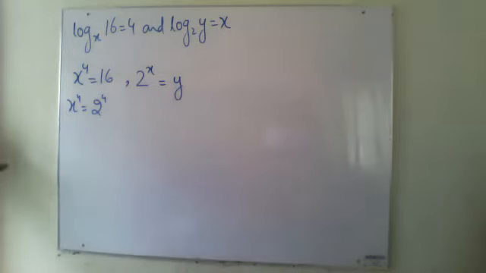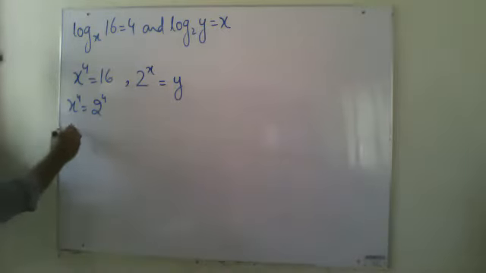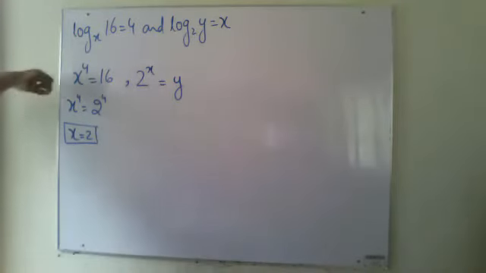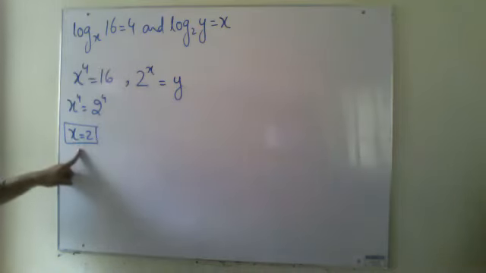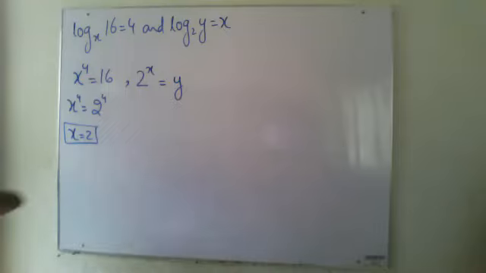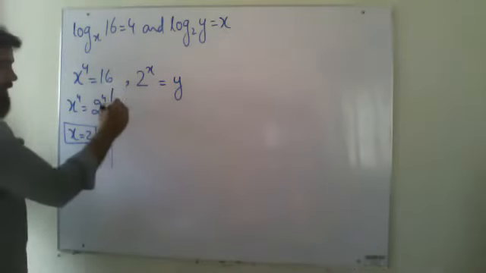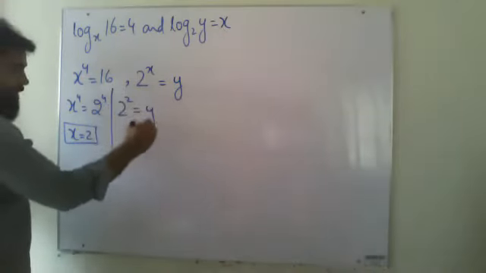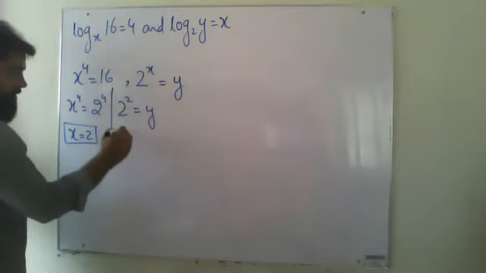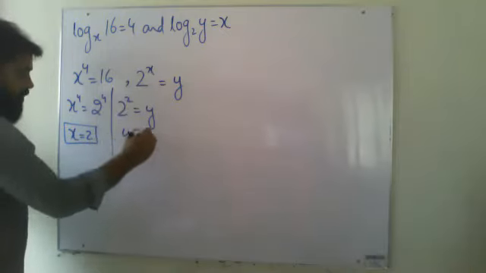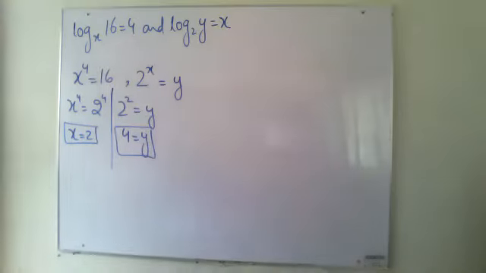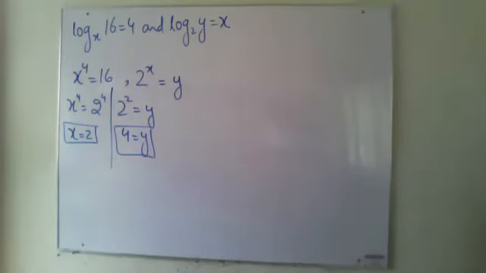The powers are the same, so the answer of x will be equal to 2, because both sides are equal and their power is also equal. It means the base will also be equal, which is x equals 2. And I will plot it over here: 2 square equals y. 2 square will be 4 equals y, and that will be your final answer.